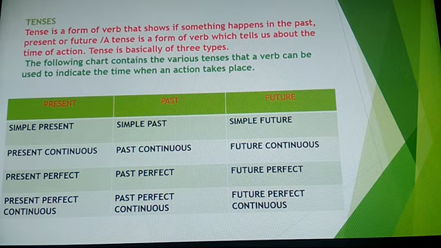And in past tense also, simple past tense, past continuous tense, past perfect tense, past perfect continuous tense. In the future tense, we have simple future tense, future continuous tense, future perfect tense, future perfect continuous tense. So we have three main tenses and each is subdivided into four tenses. So altogether we have 12 subdivisions of tenses.